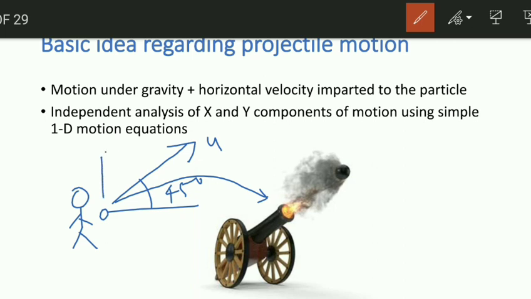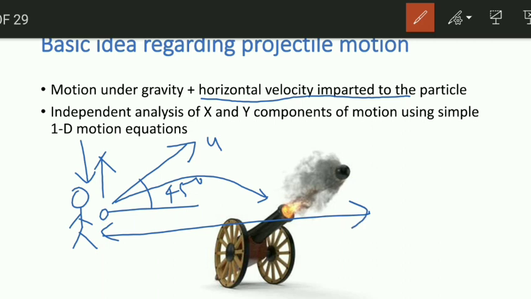If you throw it directly upwards, then it will come and fall on your head. Just don't try this. This was just said for example purposes. So this horizontal velocity is important to make the stone travel in the x direction. It will go far if you impart this horizontal velocity component.